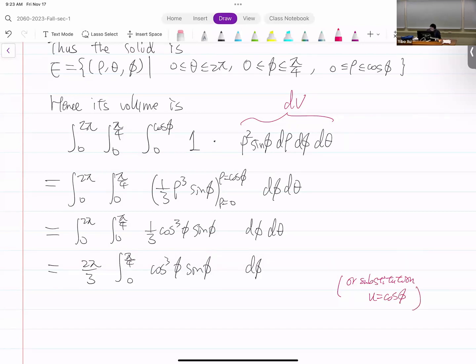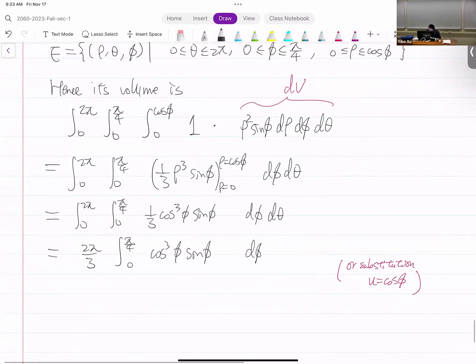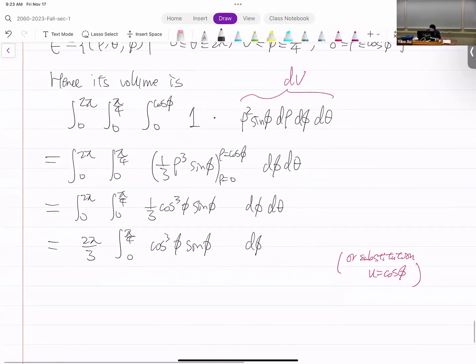Then du is negative sine. When you plug in the angles, cosine is a decreasing function, so we'll have a smaller upper bound when you do the translation. But anyways, you can also write down the antiderivative directly.